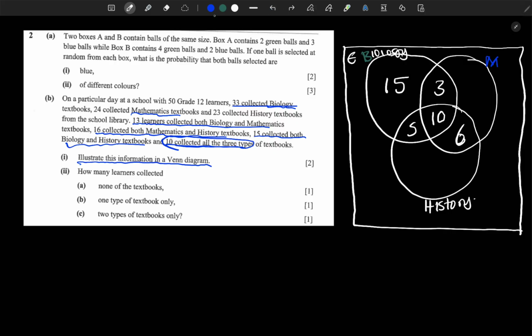So we do the same. We go to 24 mathematics textbooks. So in maths we have 24. Now from that 24 we have 3 plus 10 plus 6, that is 19. So 19 from 24, I'm getting 5.